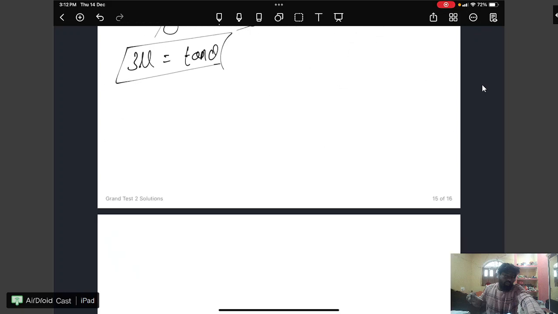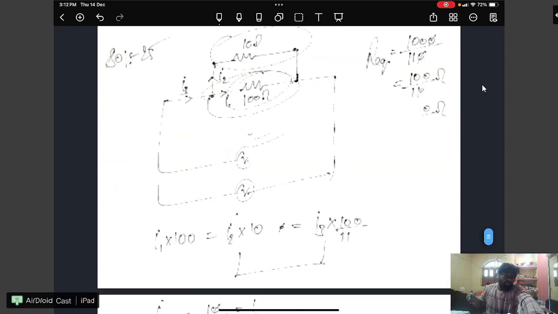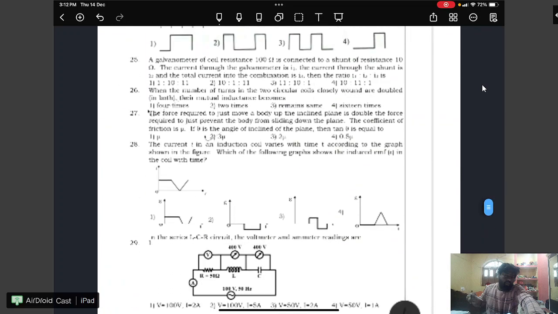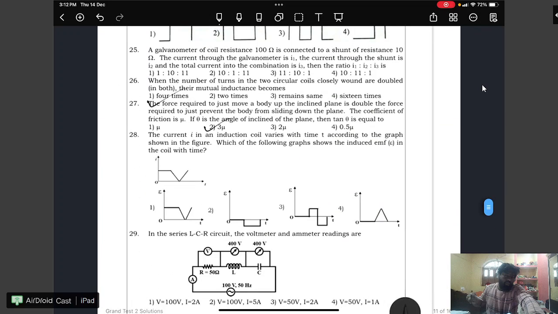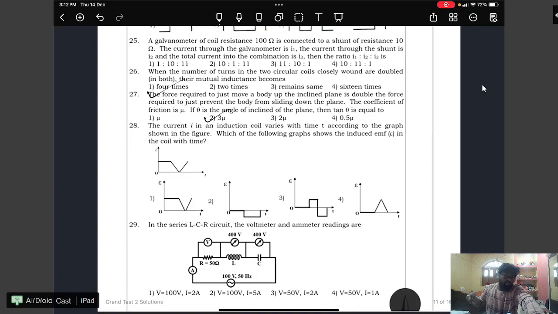Now question number 28. We will see. The current I in an inductor coil varies with time according to the graph shown in the figure. Which of the following graphs shows the induced EMF? Induced EMF is minus L di by dt, negative.